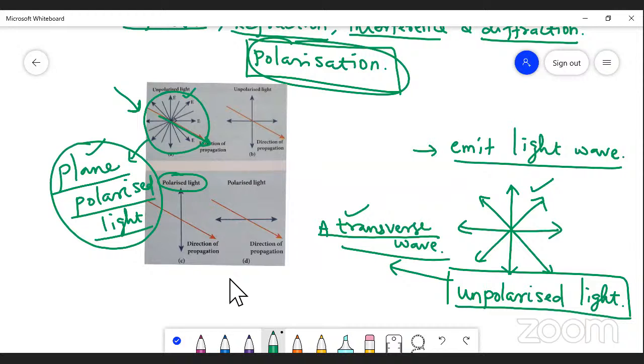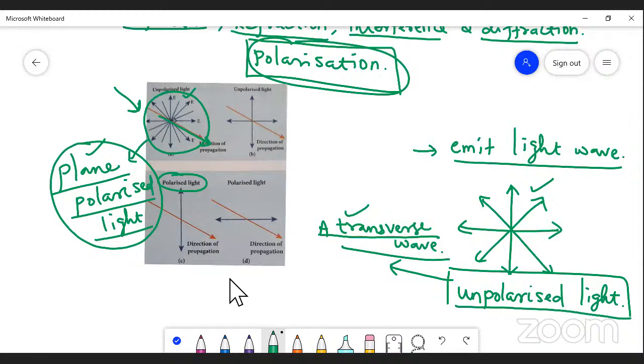How? By using a three-dimensional crystal, we can get plane polarized light from unpolarized light. It means when unpolarized light is made to pass through a crystal, the unpolarized light becomes plane polarized light or polarized light. So polarized light can be obtained only from unpolarized light when it is passed through a crystal.